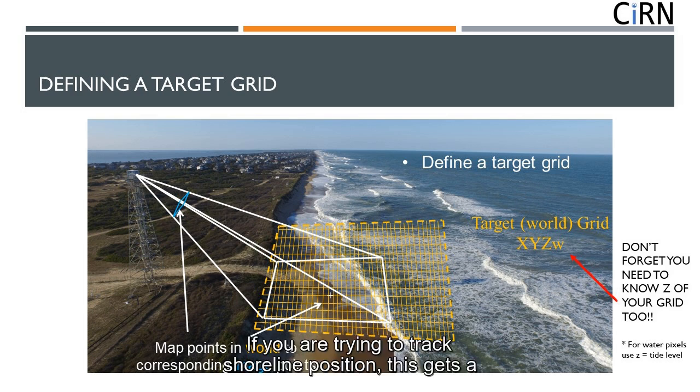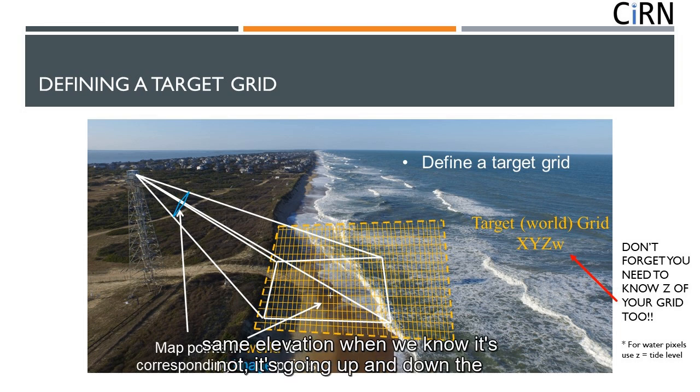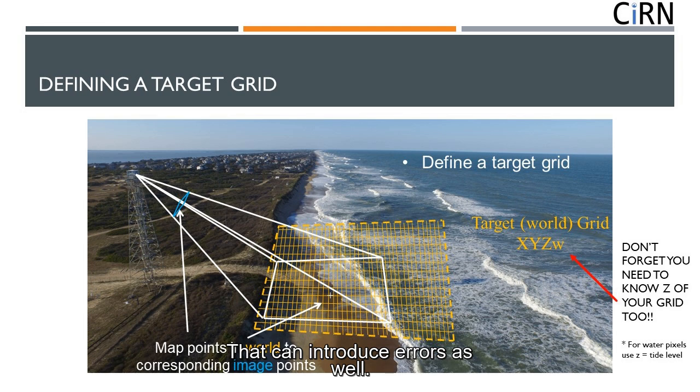If you are trying to track shoreline position, this gets a little tricky because the shoreline with tide can move up and down the beach. So if you're telling this series of equations, the frames or the images through time, that the shoreline is always at the same elevation, when we know it's not, it's going up and down the beach, that can introduce errors as well.